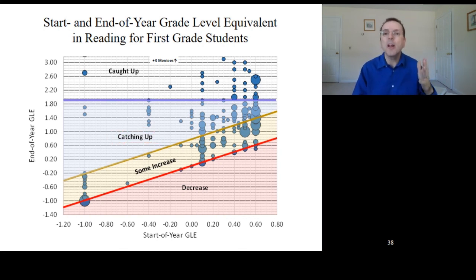These are the kids who are starting to catch up with their peers. And it tells you if they've actually caught up and are now reading at the expected grade level or higher. Finally, the size of the dots tell you how many students had a given combination of start and end of year test scores. A lot of information.